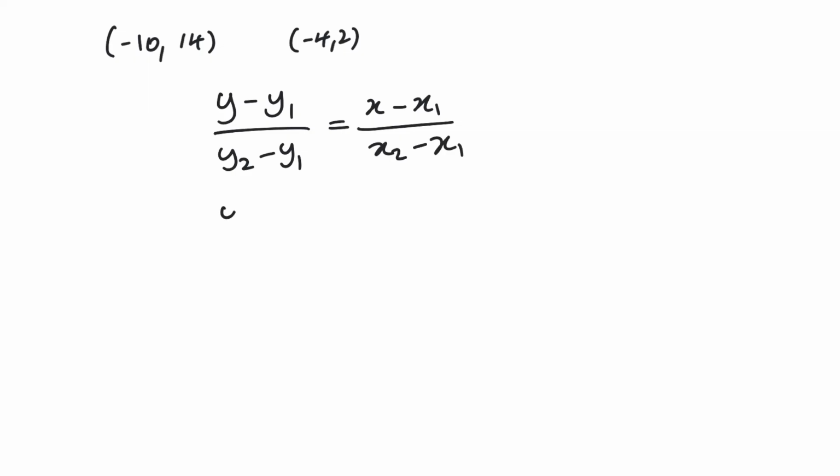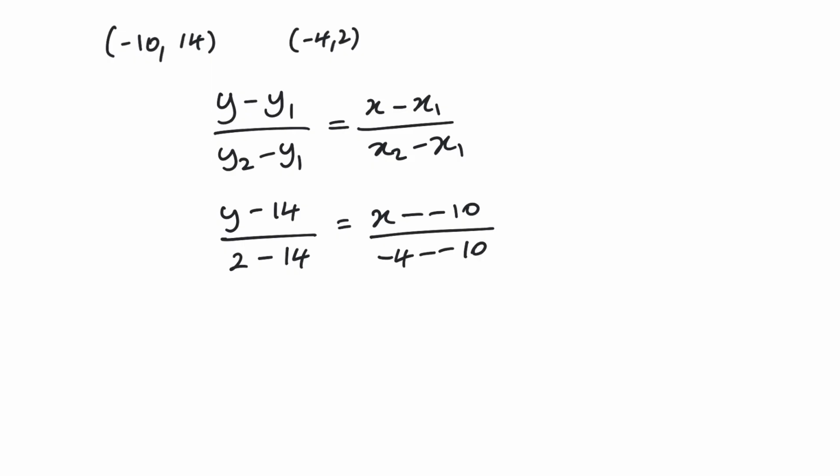Okay, it doesn't matter which one's 1, which one's 2. So let's do it this way. So y minus 14 over 2 minus 14 equals x minus 10 over minus 4 minus 10.